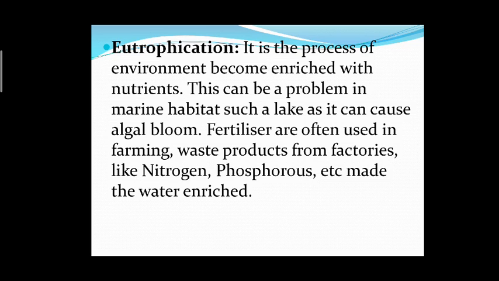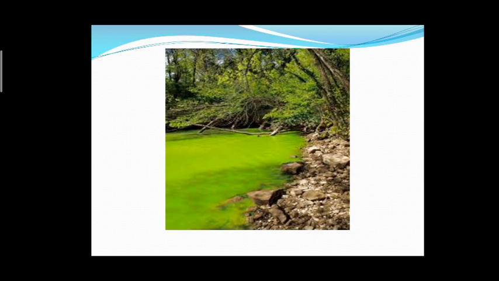That condition is called eutrophication. Eutrophication makes the water body polluted. This is a simple image of eutrophication in a pond. You can see the algae or cyanobacteria can completely cover the water body.